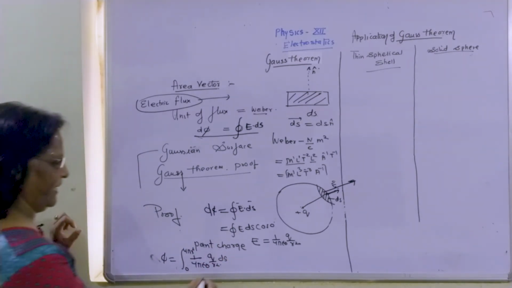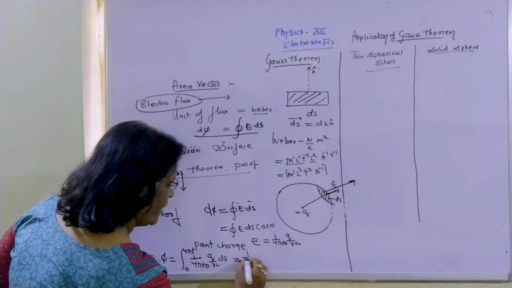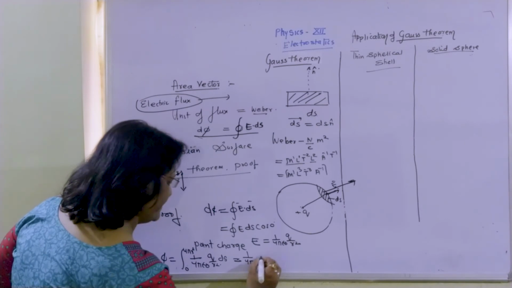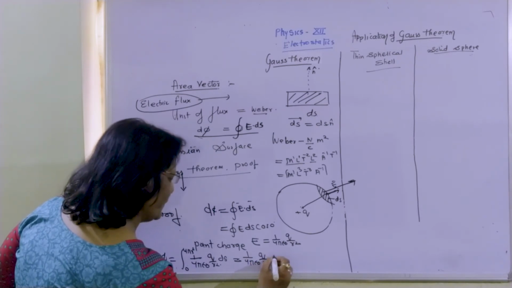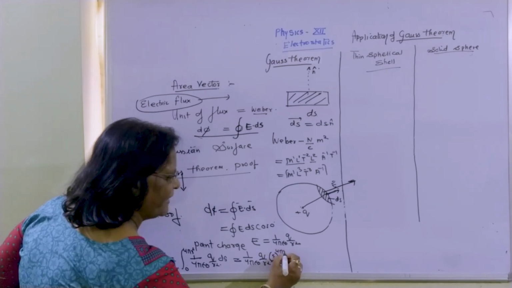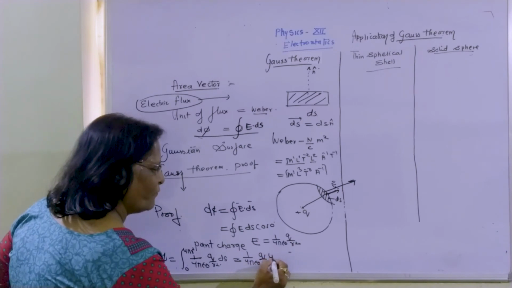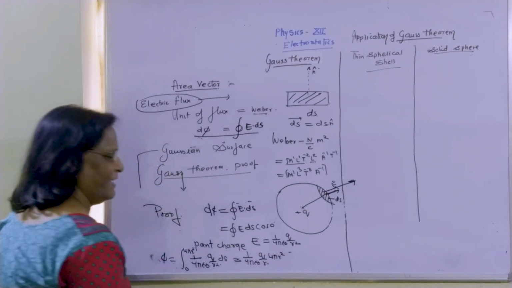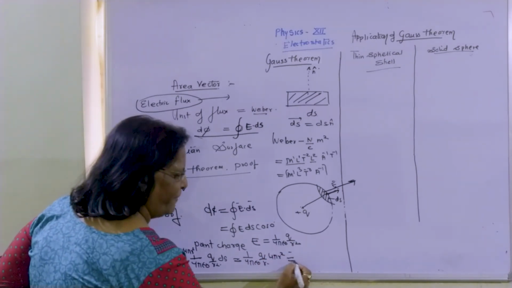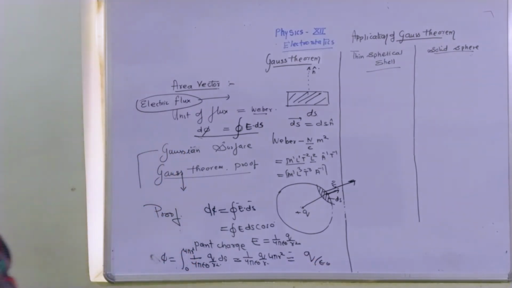On integrating and substituting the limits, we are getting 1 upon 4 pi epsilon 0 q upon r square. ds can be only s and it will become 0 to 4 pi r square, and this can be finally completed as 4 pi r square. When we finally simplify, we are getting the term as q upon epsilon 0.